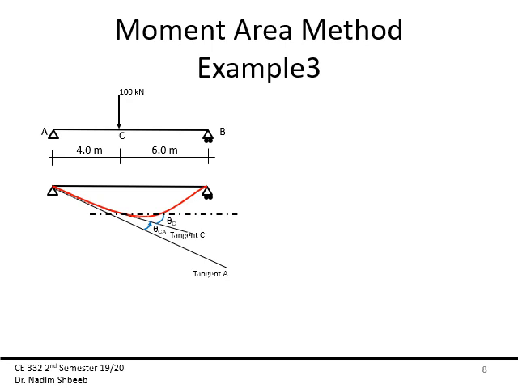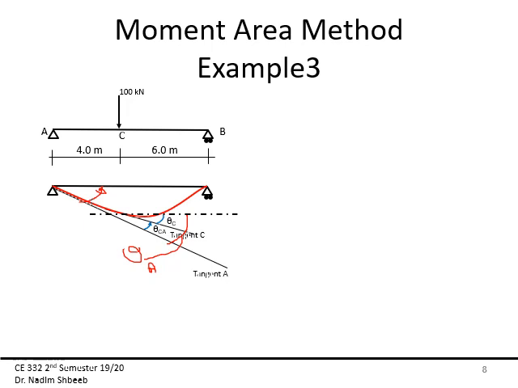What we notice here is that this here is simply theta A, right? Which is the same angle here. So theta A, again, is measured from the tangent at A to the undeflected curve. So here I've noticed that theta A is simply theta C plus theta CA.